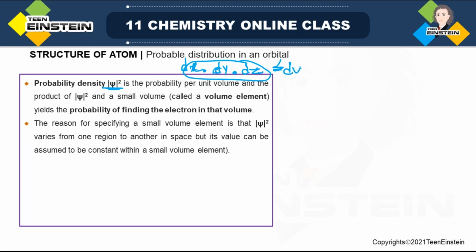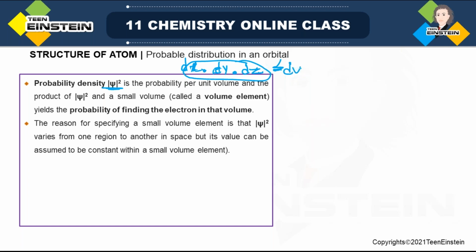So this is the probability density, probability per unit volume. Remember the definition of normal density: density is mass per unit volume. Similarly, probability density is probability per unit volume.